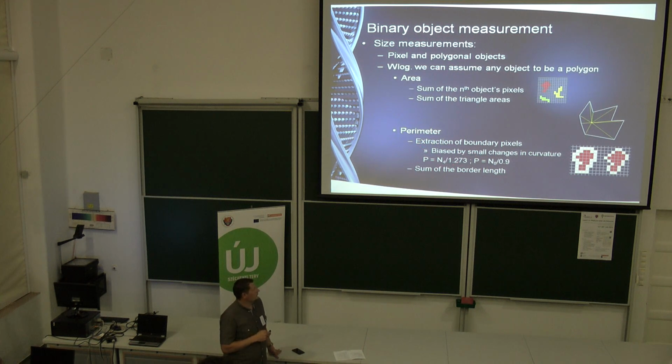For the perimeter, which might be the other very important thing, we have bigger trouble if we represent the objects by their pixels. Right? Because if I say that the perimeter is the number of edges, then I have somehow a shorter perimeter.